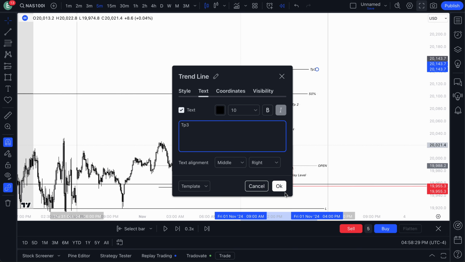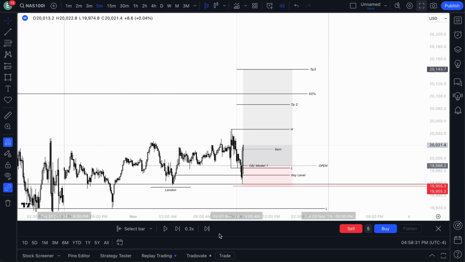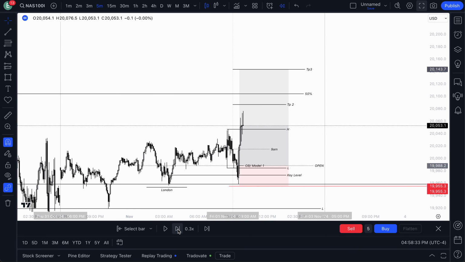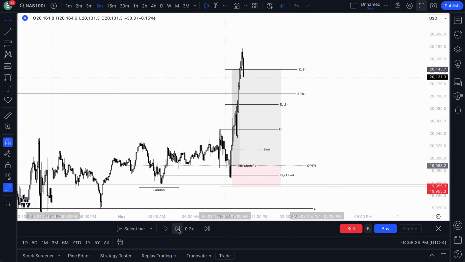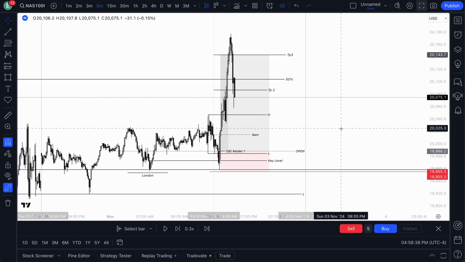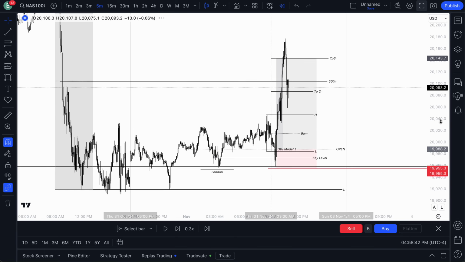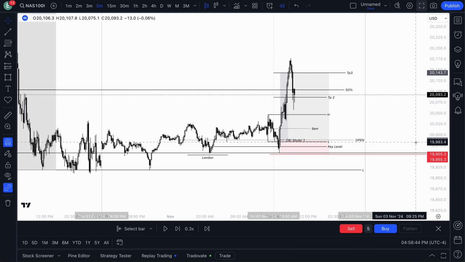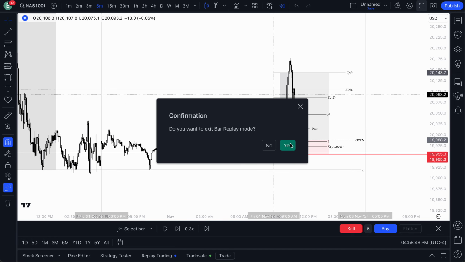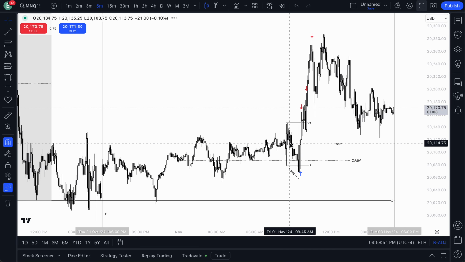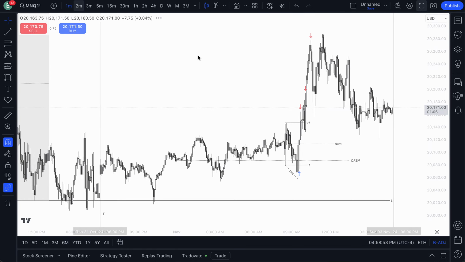Always leave runners just in case. And we can see it ran straight to our targets. So it hit the 50%. It's a great trade. You can see there's my executions.